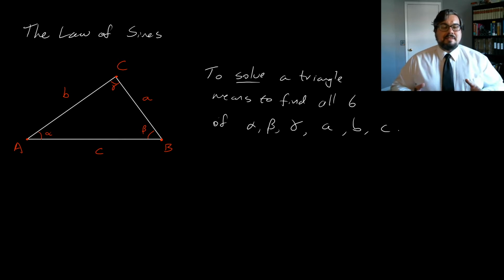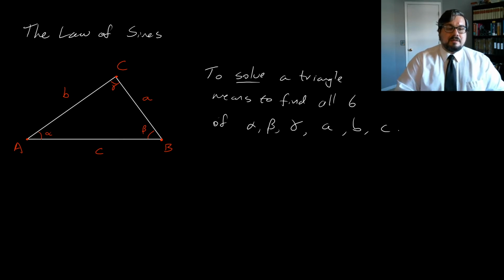So let's look at this triangle and suppose that we wanted to understand the relationships between alpha, beta, gamma, and a, b, and c. One way that we could do that would be the following. Let's see what happens when we draw a line straight down from C to the side AB.